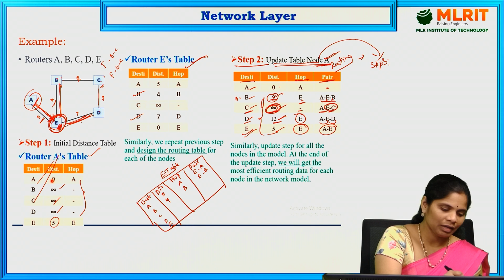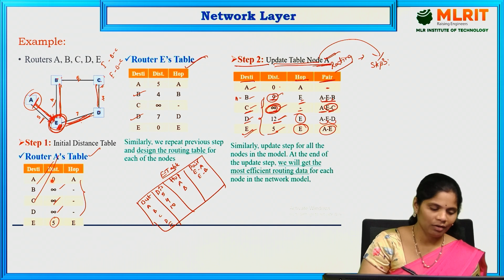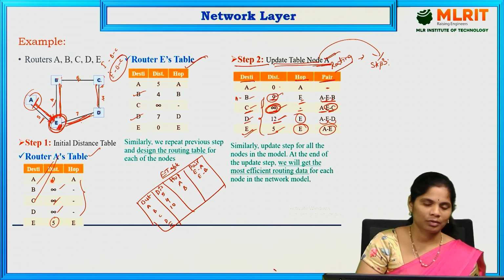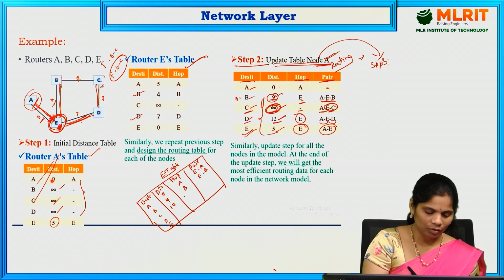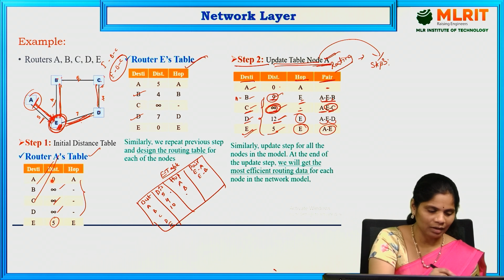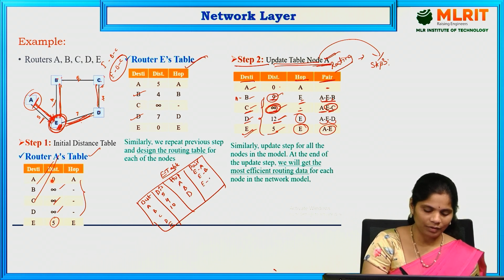Suppose I take E to D, D to C. Then what do I write for E to C? The distance is 10. The next hop, if you select this particular route, E to D, D to C, is D.